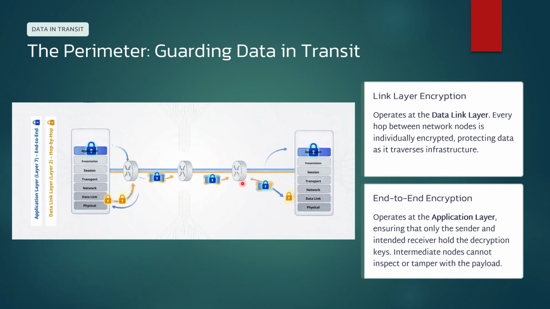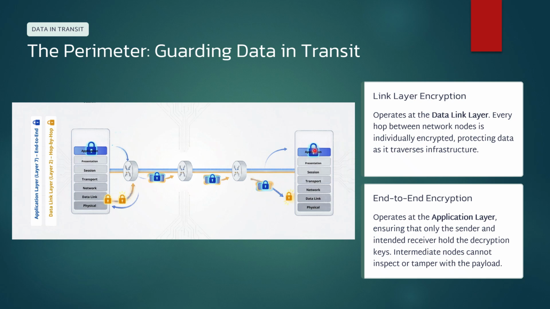So the header gets decrypted, the header is read to see where it is going, and then it travels towards the last destination, where at the end the data link layer gets unlocked and finally the data reaches the application layer where the final lock, or application layer lock, is decrypted or unlocked, we can say.